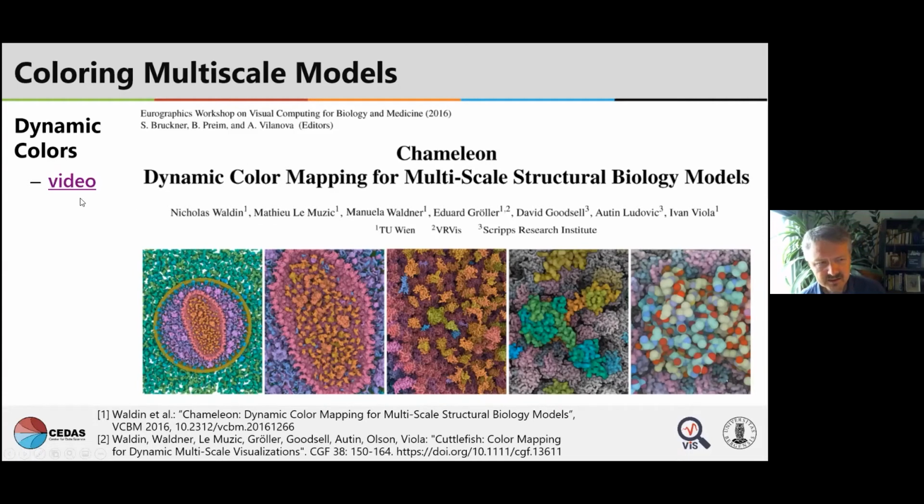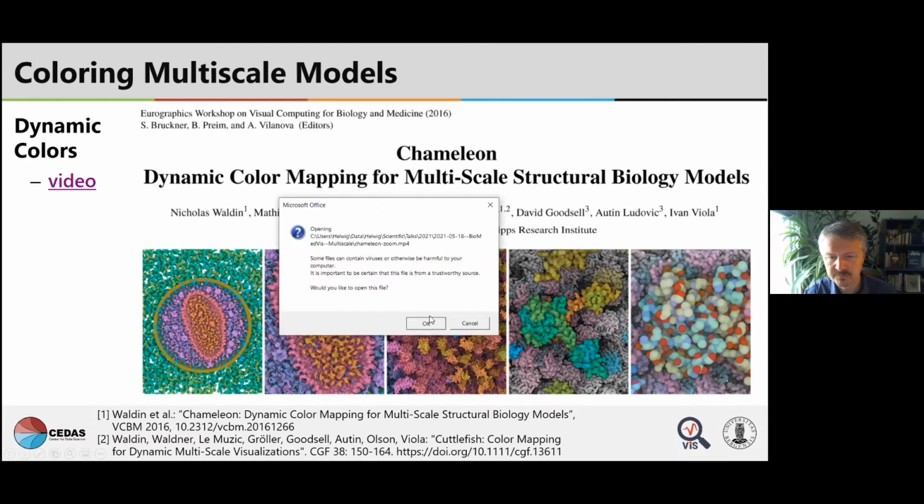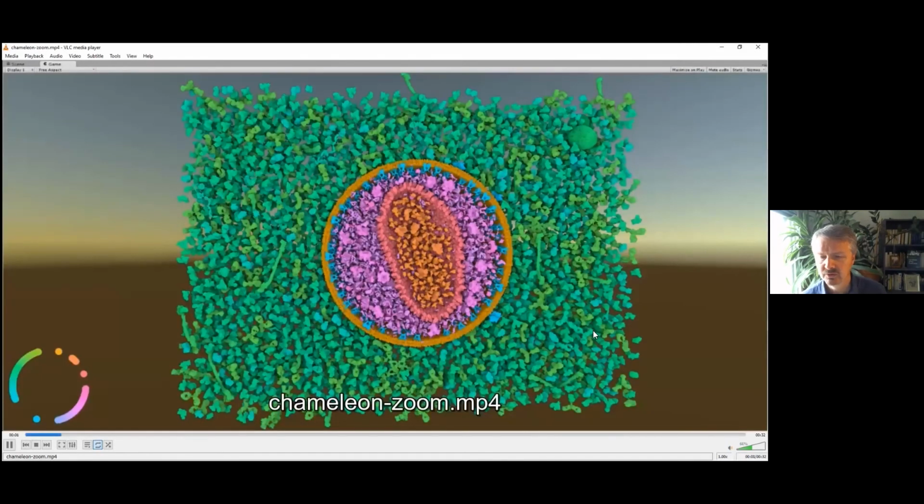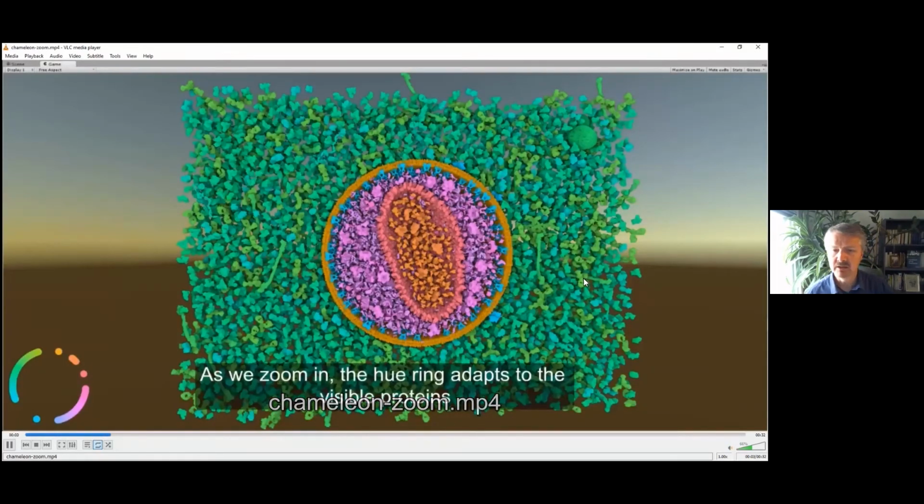And this leads to an interesting technique where, depending on which scale you are currently at, you are trying to get the best out of the possible color mappings that could be chosen. Maybe I can just show a little video here as an example to illustrate what I mean. So we start, I hope, in a moment with a large scale view onto a populated 3D molecular environment.